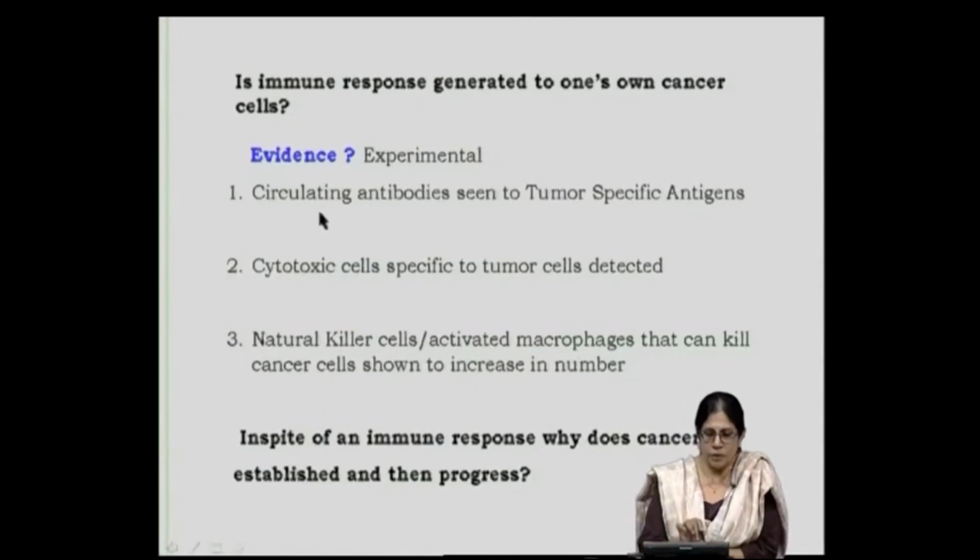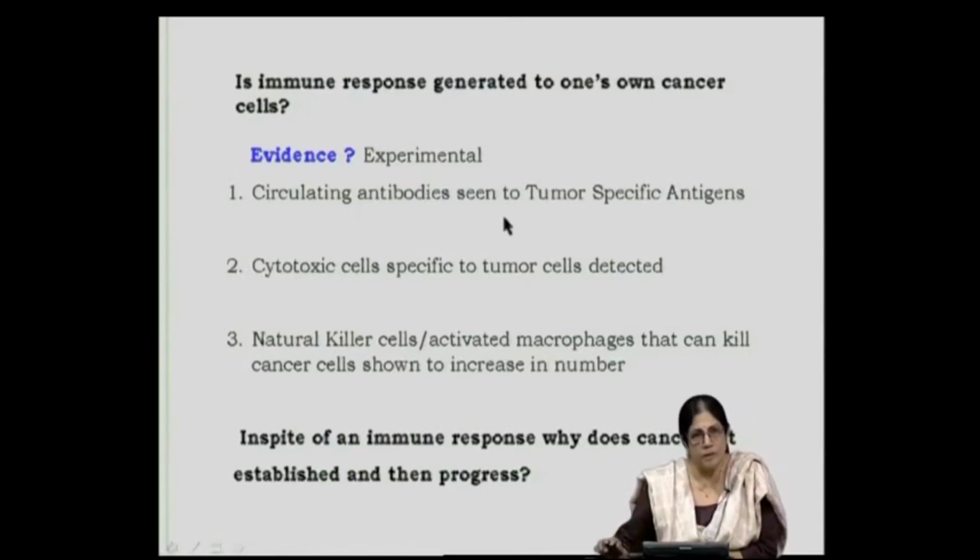In the case of circulating antibodies, if a complement is provided, antibodies also can kill. So, we know then that yes, there is establishment of cancer, which is a non-self cell. Cancers are recognized as non-self by the immune system and there is a response generated.